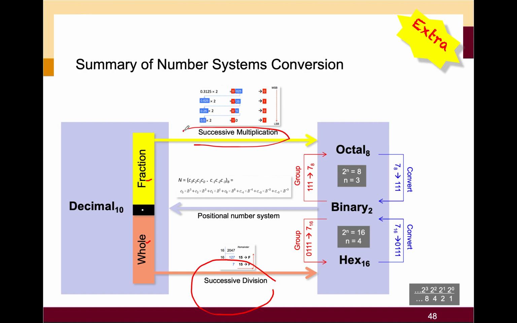Easy to remember, right? And then how about the conversions between binary and octal? You will see like this, which is quite simple. You have base 3 for octal and base 4 for hexadecimal, and the conversion part you need to remember because we already went through all, and it's much easier if you remember all of these steps.